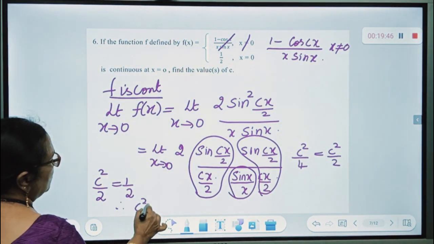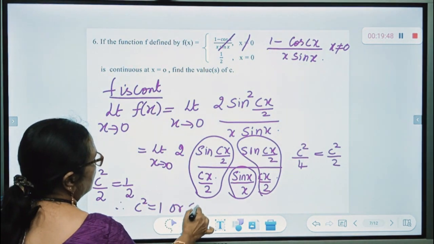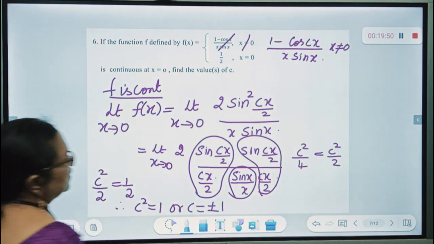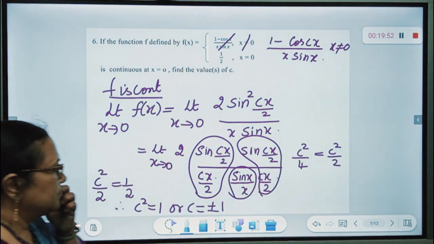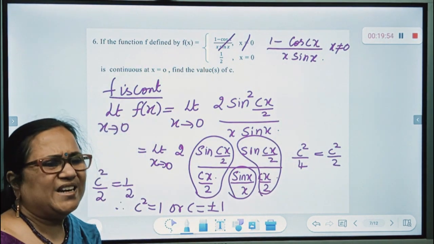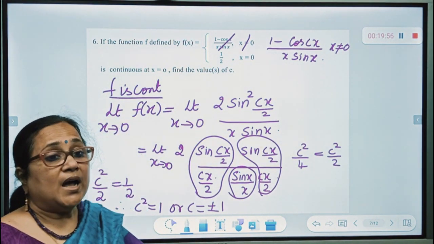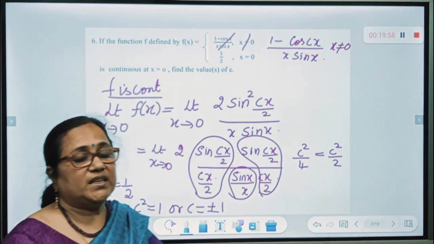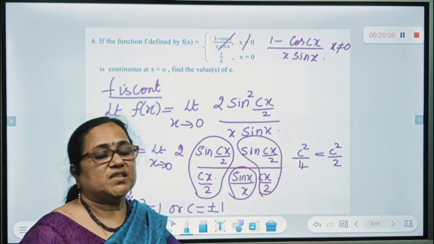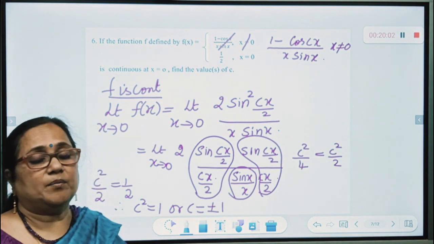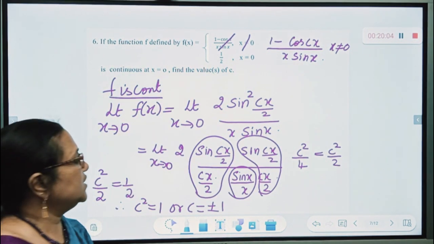Therefore, c square equal to 1 or c equal to plus or minus 1. Is it clear? So it is mainly algebraic manipulation and making use of the fact that the limit of sin theta by theta as theta tends to 0 is 1.